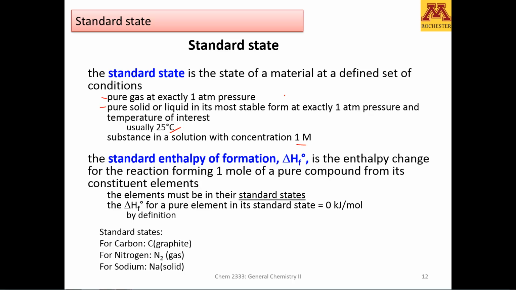So let me give you an example. If I need to send water to the roof, or to the standard state, it says pure gas or pure solid. So we're going to send all these elements to their standard state. So for 1 mole, it is oxygen and oxygen. Notice that hydrogen and oxygen are in the form of H2 and O2 at room temperature. So you will not see atomic hydrogen, it has to be molecular hydrogen.